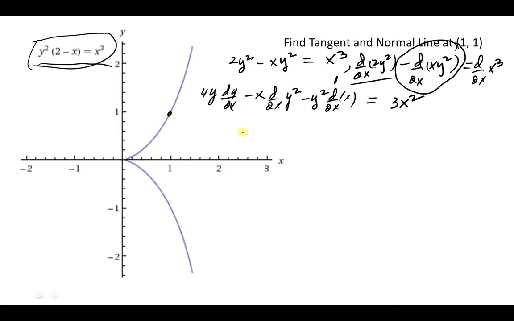And now, simplifying all of this, we get 4y dy/dx minus x d/dx of y squared, which is 2y dy/dx, and then minus y squared equals 3x squared.